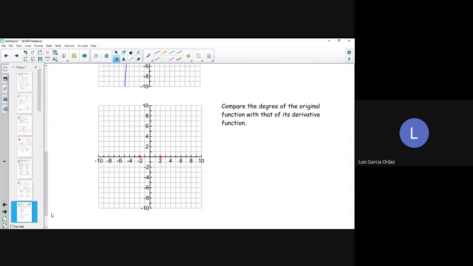And now to get our y-intercept or our vertex, we just take -2 and add 2 to find the middle, which is 0. So we sub in 0 for x.